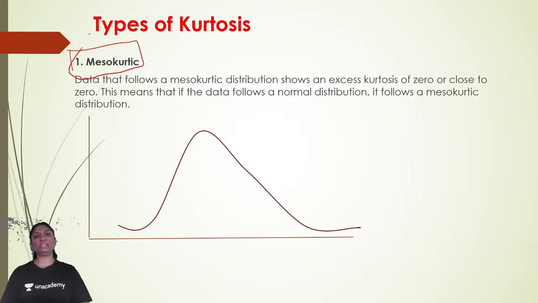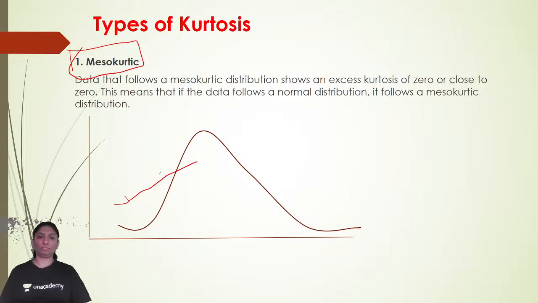What do you mean by mesokurtic? Data that follows a mesokurtic distribution shows an excess kurtosis of 0 or close to 0. This means that if the data follows a normal distribution, then it follows the mesokurtic distribution. Our normal distribution looks like this.